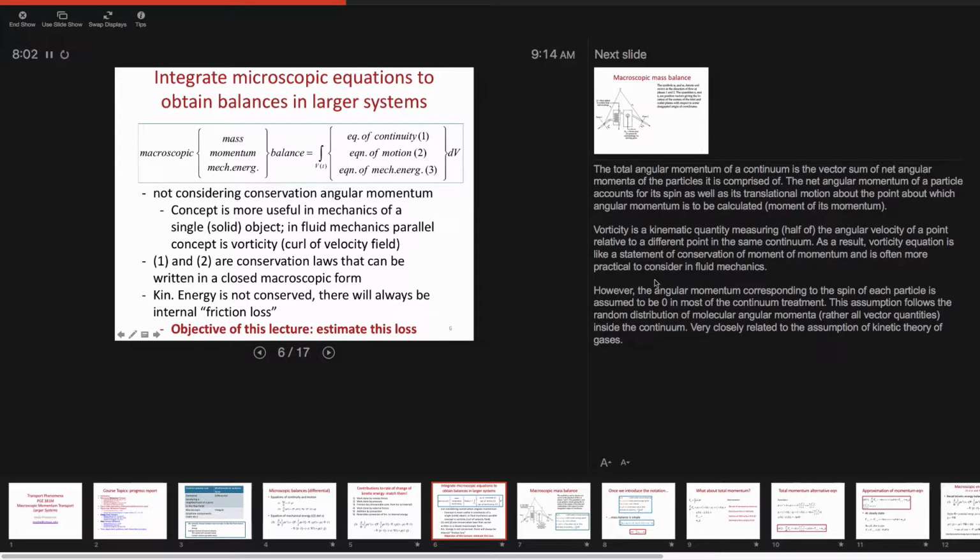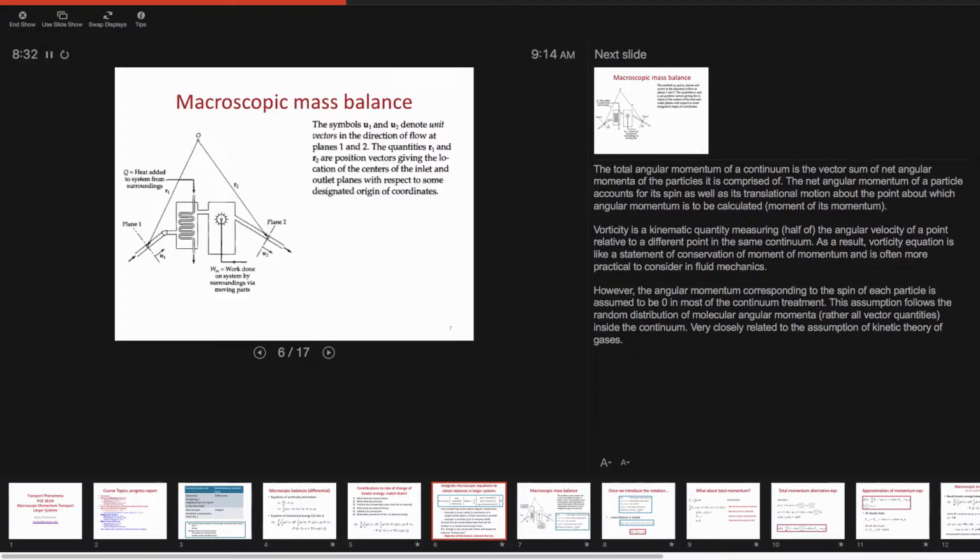Typically, if I have a relatively closed system, then mass and momentum balance are relatively simpler because I have one or two ins and outs that I control inside of the system, and the rest should be insulated. Now, with the mechanical energy, the situation is a little more difficult because there is always some internal loss that is extremely hard to account for. And this part of the lecture is basically to estimate these losses.